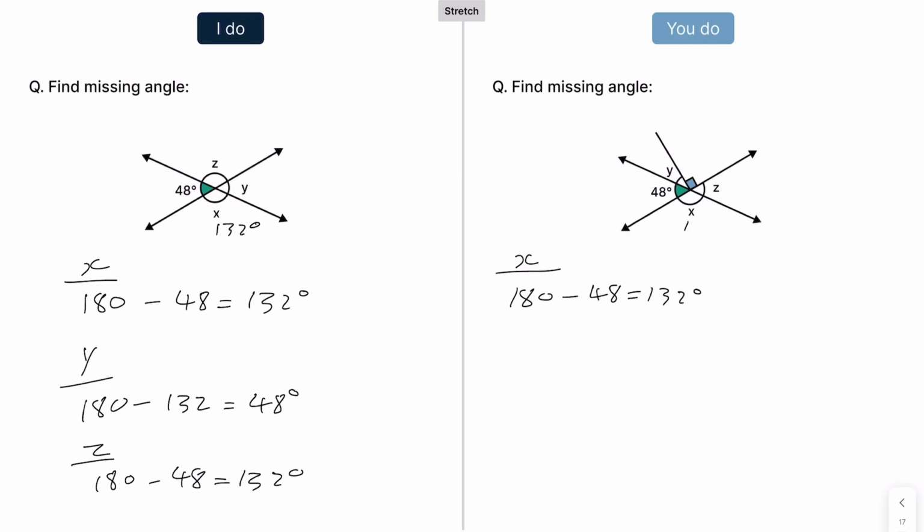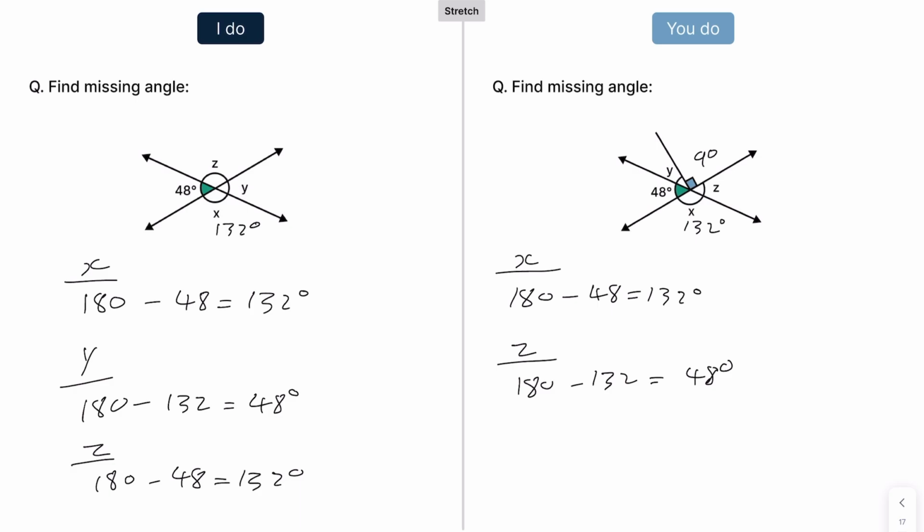and that is 132 degrees. That's 132. And I'm going to find Z by using X, so that's going to be this straight line there. So that means Z is going to be 180, take away 132, which is equal to 48 degrees. And then finally, to find Y, I need to know that that is 90.